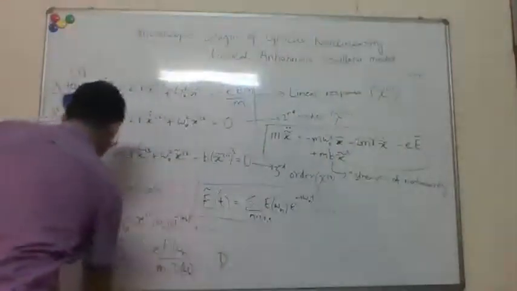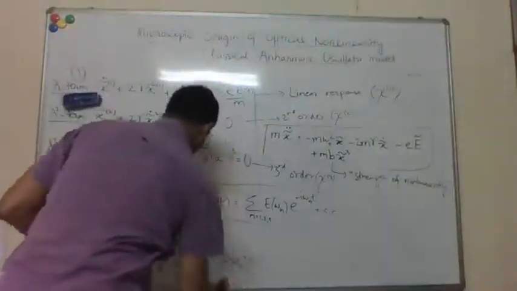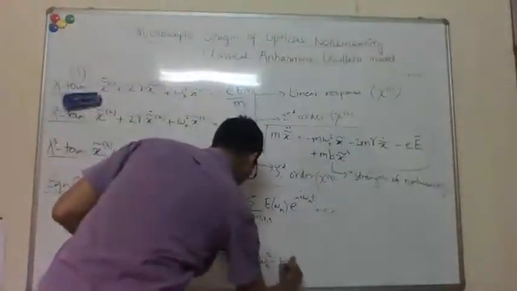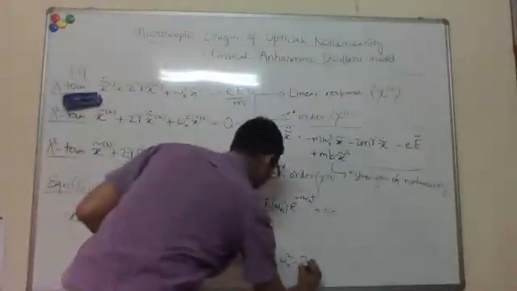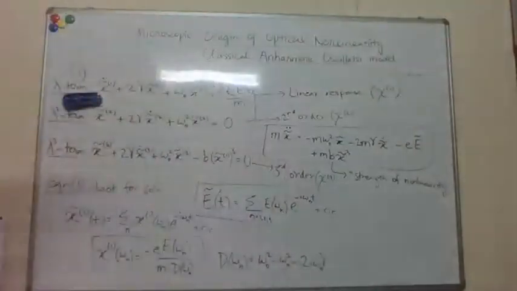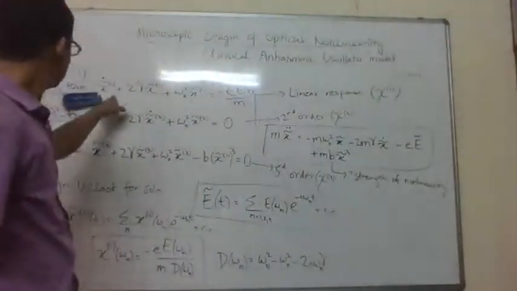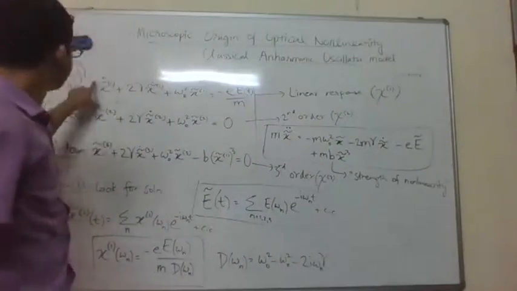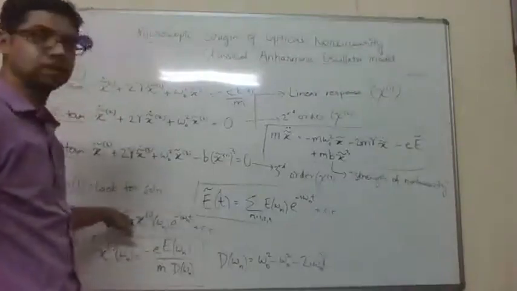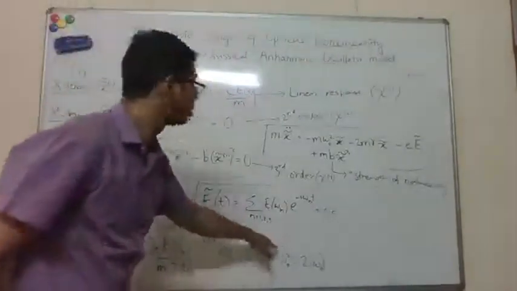So if I plug in x1 equal to this here, you will see that the first term is a double derivative. So I'll get an omega n square in the front, right? So that's this omega n square here.